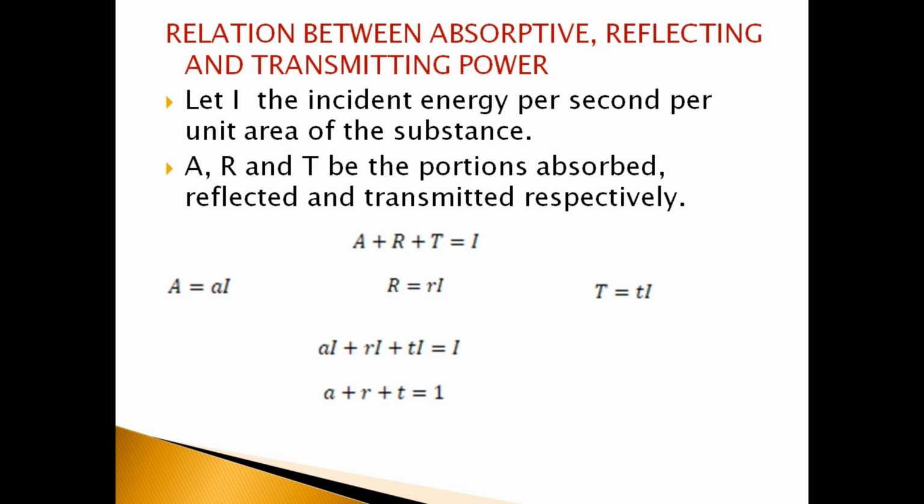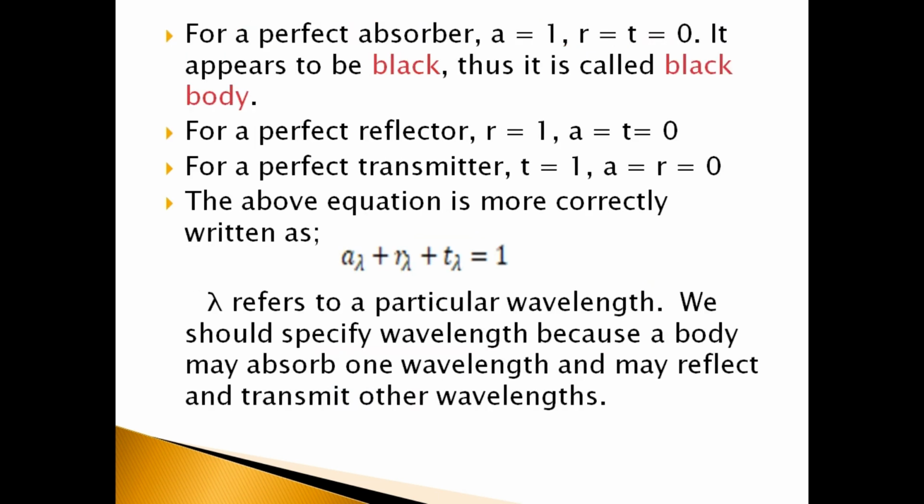Now from this equation we can infer some ideas. For a perfect absorber, absorptive power will be equal to 1. Reflecting and transmitting power will be 0. That body appears to be black, thus it is called a black body. For a good absorber, absorptive power will tend to 1.